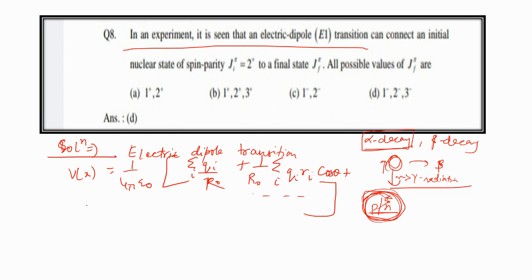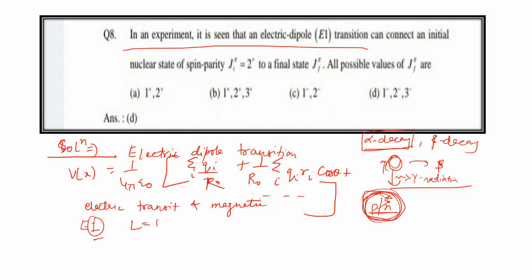Now this potential will contain both electric and magnetic transitions. But in this question, we are asked about the electric dipole transition, and it is given E1.